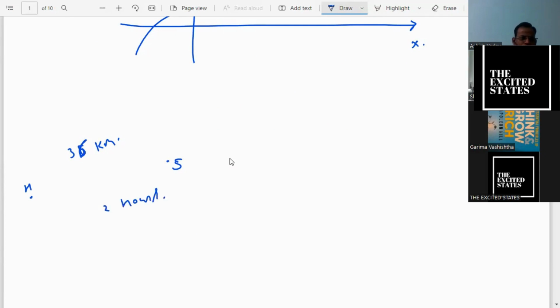That means the total distance you have covered is 36 kilometers upon the total time you have taken, 2 hours. So your average speed will be 18 kilometers per hour.